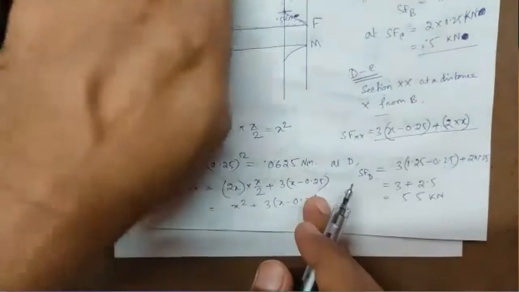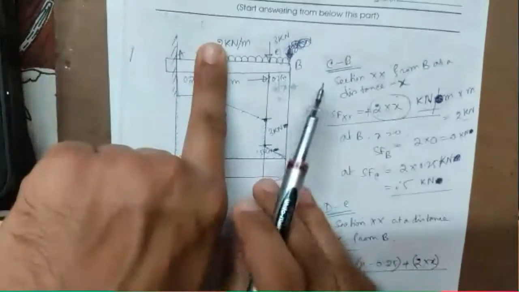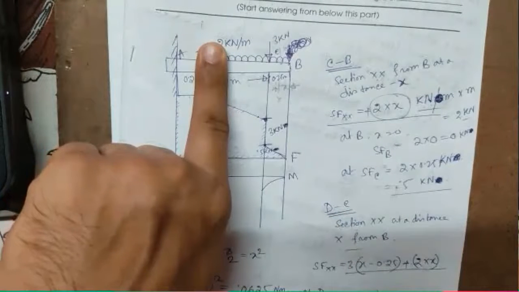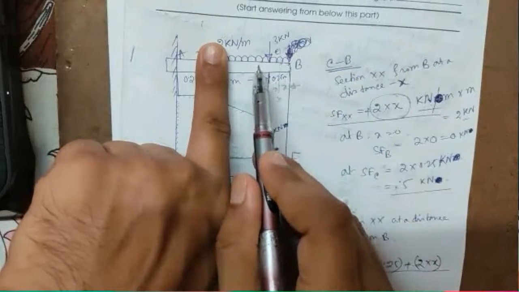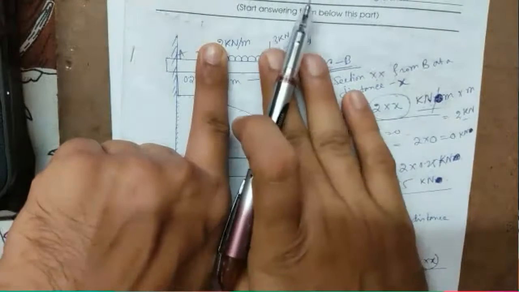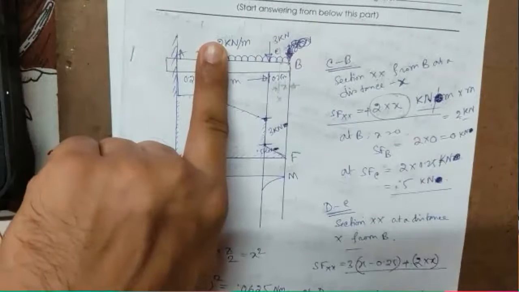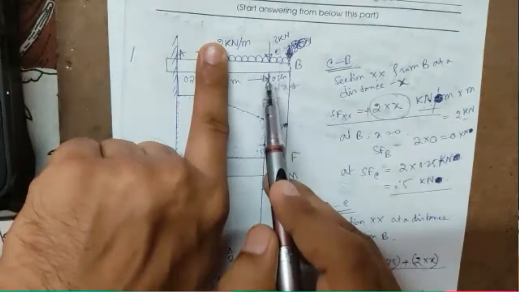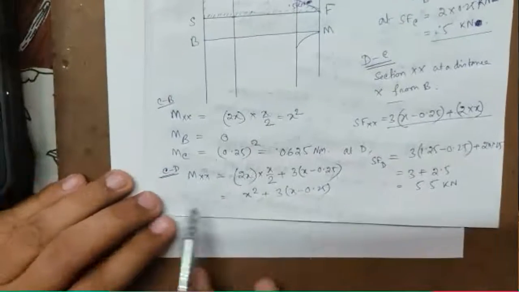Okay, so if we take a section here, suppose this is x distance. In such case the loading will be 2x, and that 2x load will be working from the middle, so at x by 2, so this distance will be x by 2, so 2x into x by 2 plus this load is 3 kilonewton and working at x minus 0.25 distance. So this will be the formula between C to D.